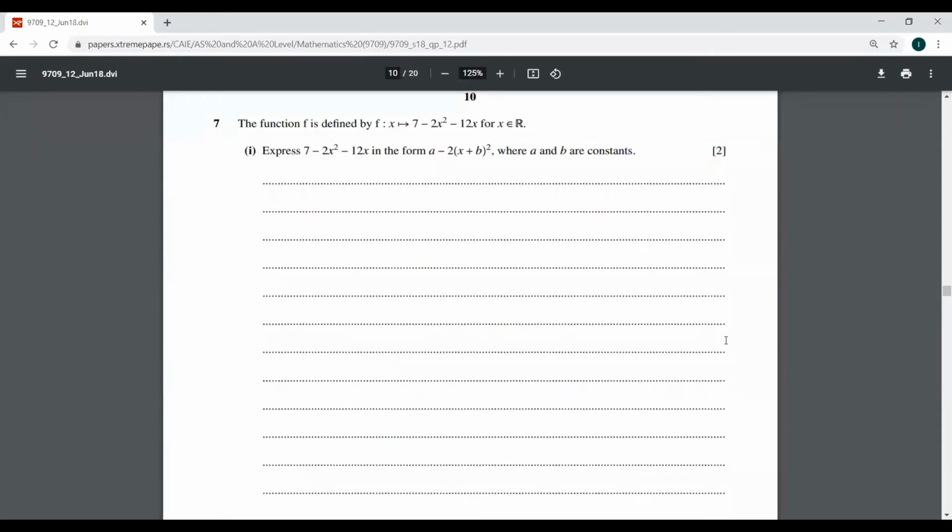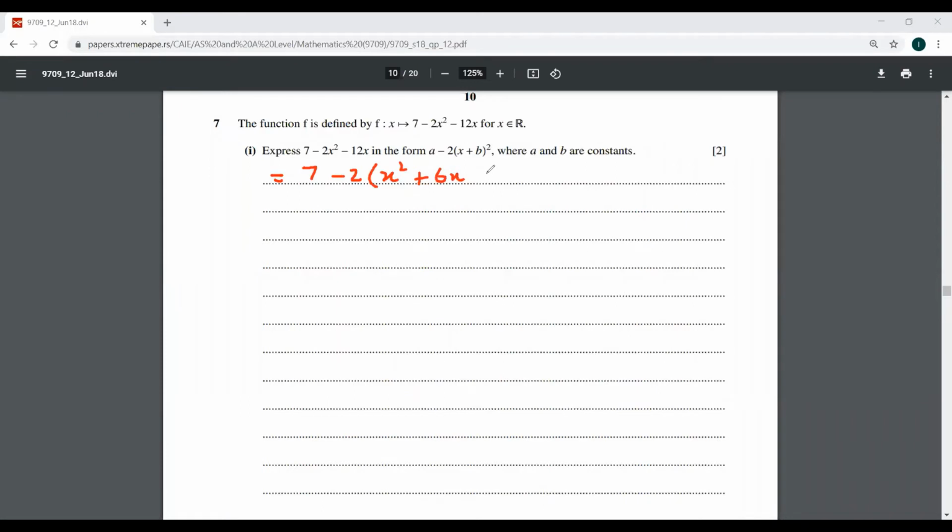So here is question number 7. You must start solving it and then I'll be following you. It's a question on completing the square. So this is 7. I need to take a minus 2 common from here: x square plus 6x.